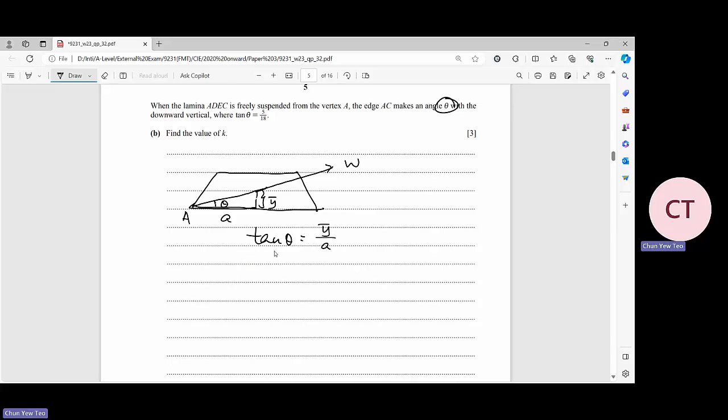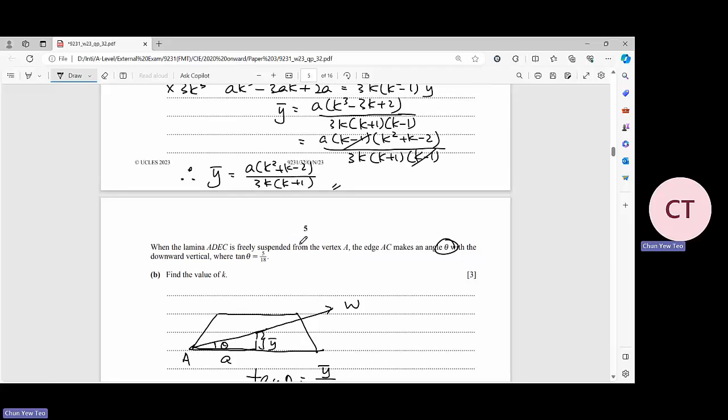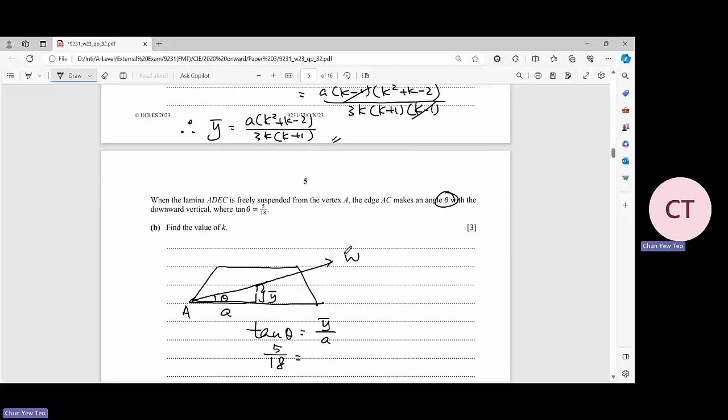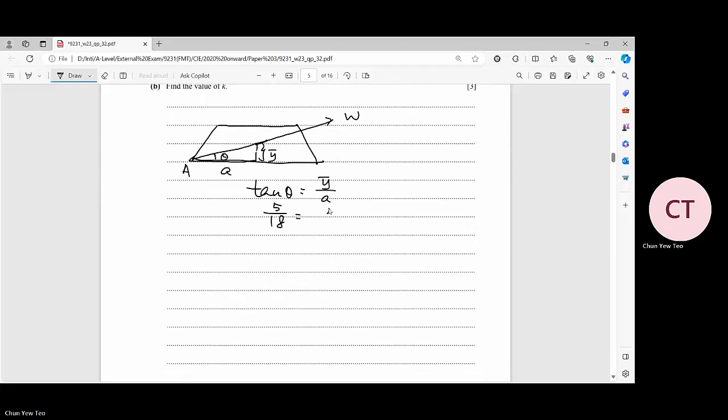Given that tangent theta is 5 over 18, and from part A just now, our bar Y was A, K square plus K minus 2, divided by 3K, K plus 1, divided by A. So the A can be cancelled off. So we just take it out.